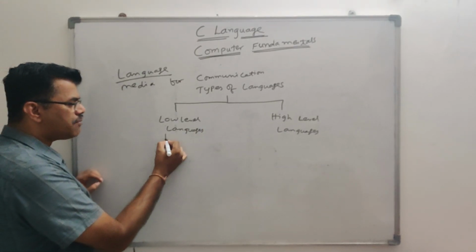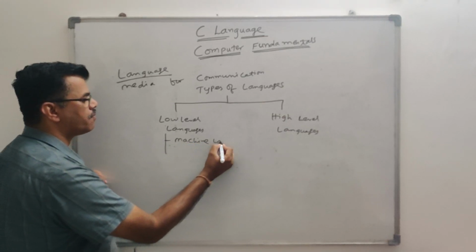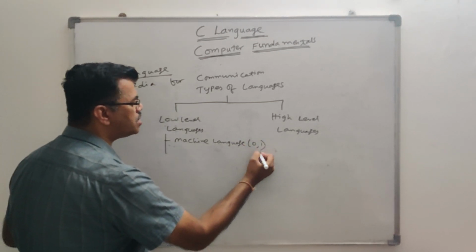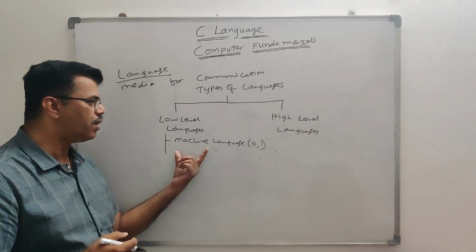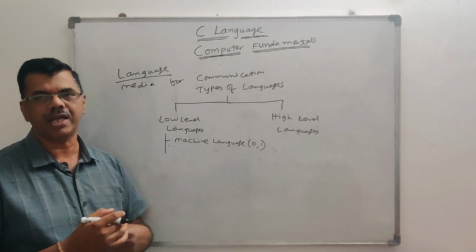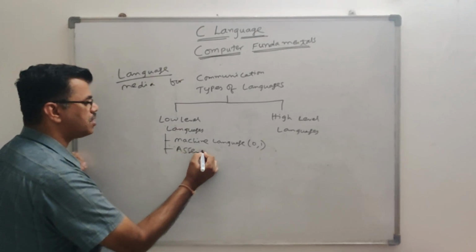The examples of low level language are machine language, which uses only two symbols, 0 and 1, binary form. When you want to develop in machine language, we use only these two symbols, 0 and 1. And we have one more, assembly language.